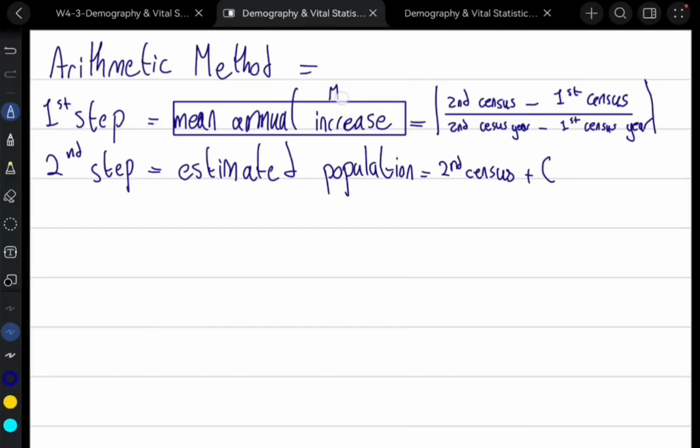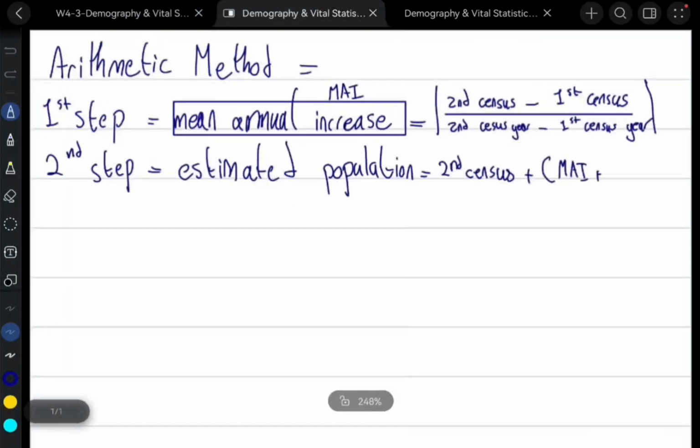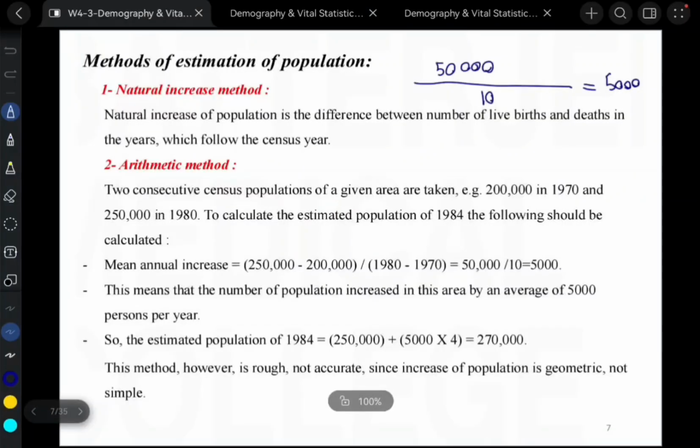So it's going to be MAI plus MAI times years increased. I'm going to reference the page, which is page 7.